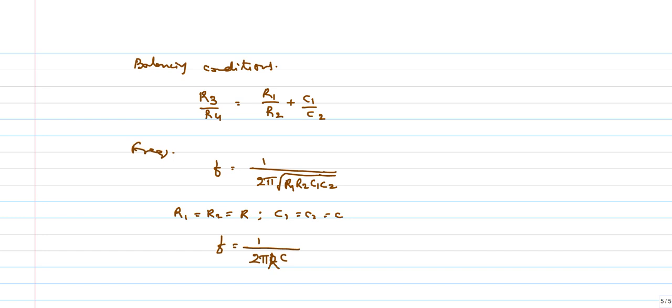And what is the condition to get the sustained oscillations? So to get the sustained oscillations, the gain of the amplifier should be at least 3. So for getting sustained oscillations, the condition will be gain of the oscillator should be more than or equal to 3.